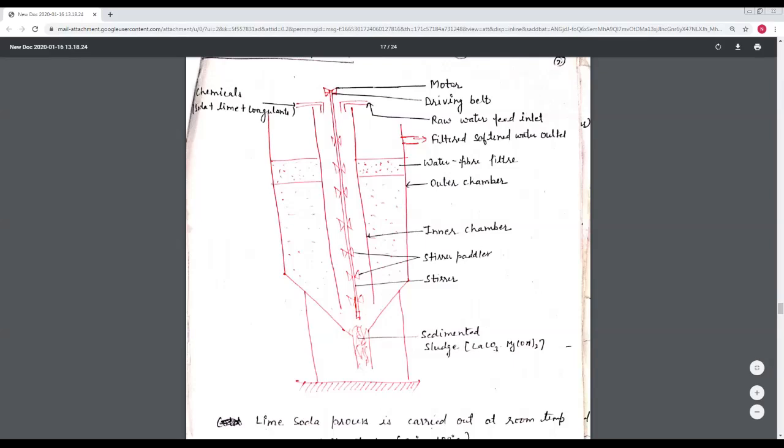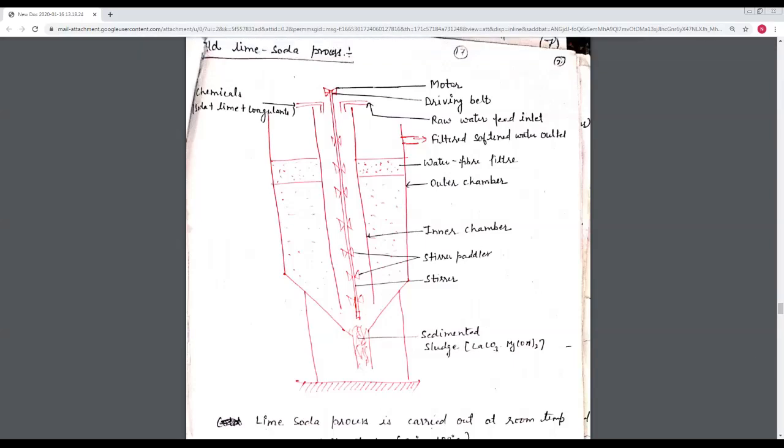Here, first there is the outer chamber, and on the inner side there is the inner chamber. In the inner chamber, there are some paddle-like structures, called the stirrer paddles. These stirrer paddles are connected with a motor, and when we start the motor, the reaction starts.